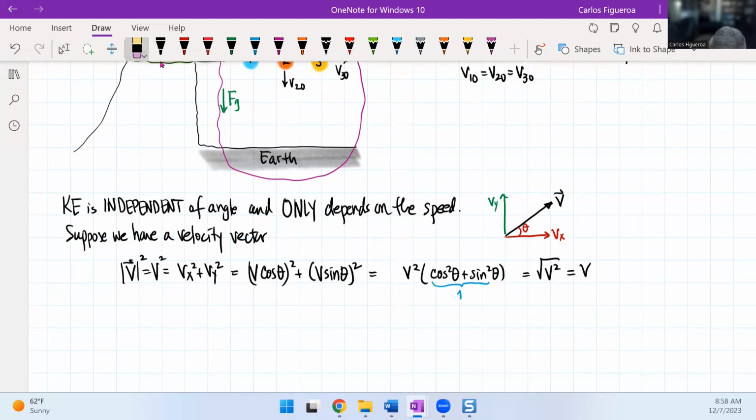Because kinetic energy does not have a square. I mean, it does. It's not by itself.